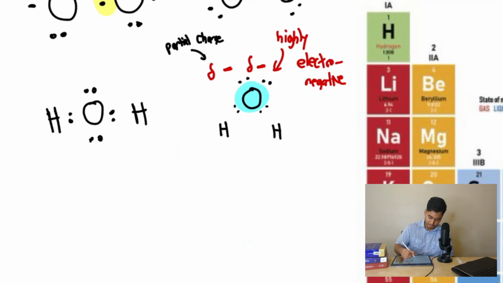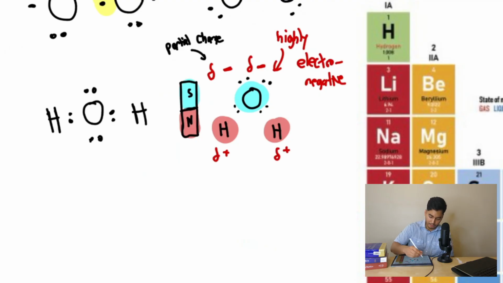So let me just draw a magnet real quick, right next to this oxygen molecule. Okay, and if I color these H's here in red, then this is going to be like a magnet, whereby the south pole is up on top and the north pole is down over here. That's effectively what we have with our partial charges, and so therefore I'm going to draw a partial positive on the magnet side here on the bottom of the H's to indicate, again, polarity. So this is called a polar molecule.